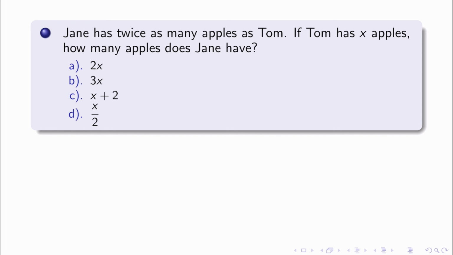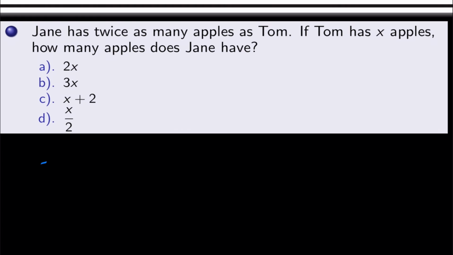With our next question, we have Jane has twice as many apples as Tom. If Tom has x apples, how many apples does Jane have? From the question, we are being told that Tom has x apples. Now, we are also being told that Jane has twice the number of apples that Tom has.